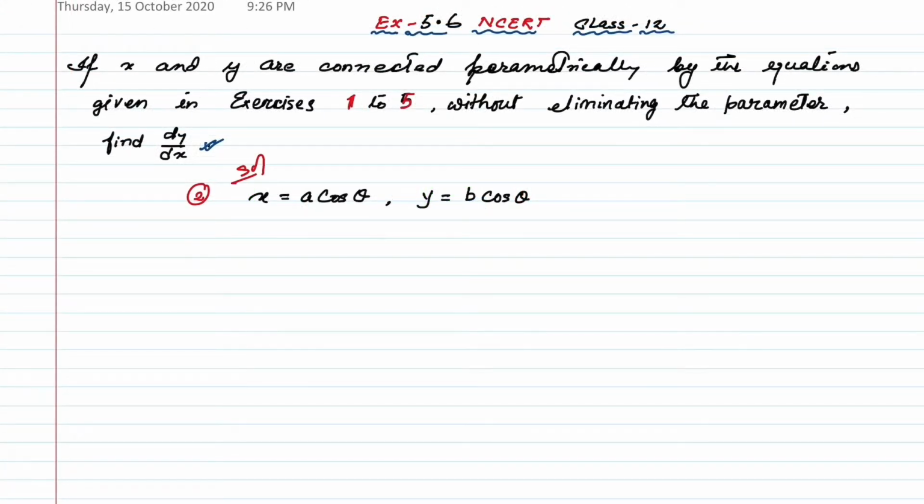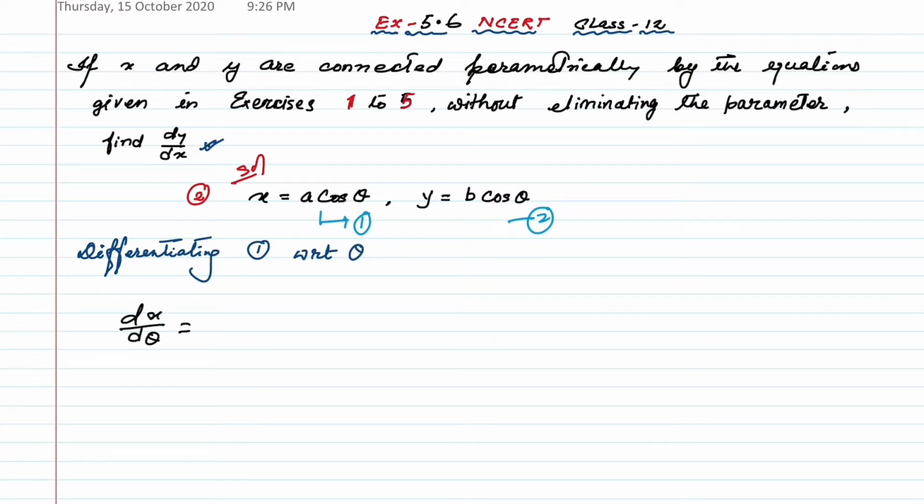Here again, this is suppose equation number 1 and this is 2. So differentiating equation number 1 with respect to theta. Here the parameter is theta. So if you differentiate it by theta, then dx by d theta is equal to a times the derivative of cos theta. Derivative of cos theta is minus sin theta, isn't it?